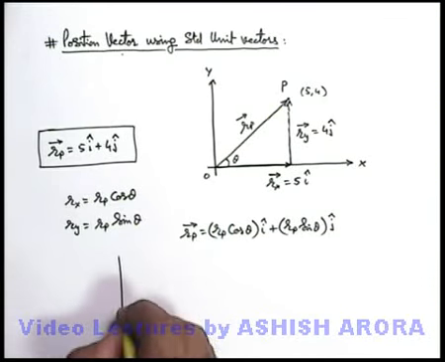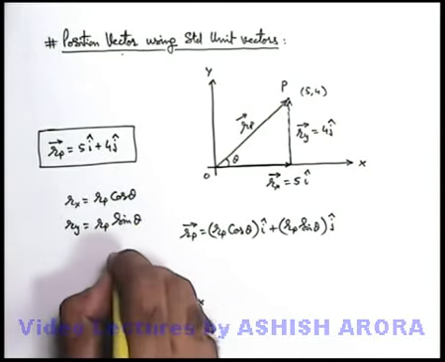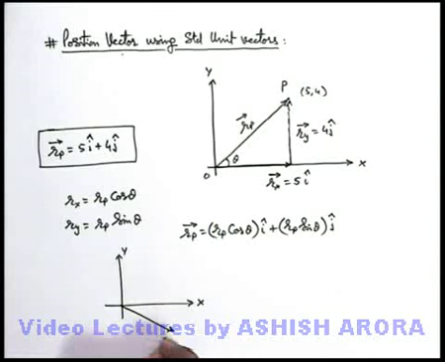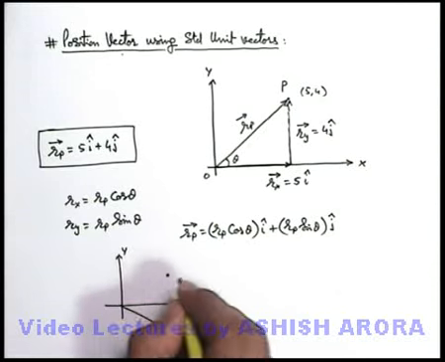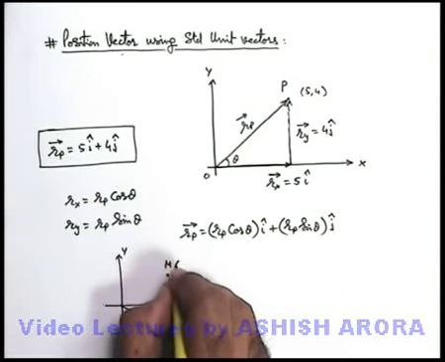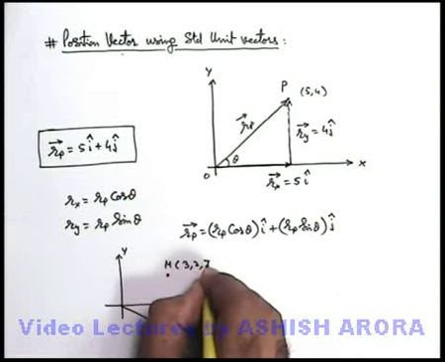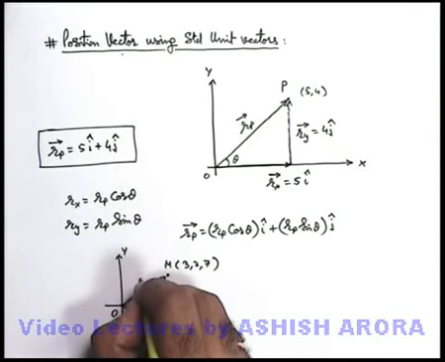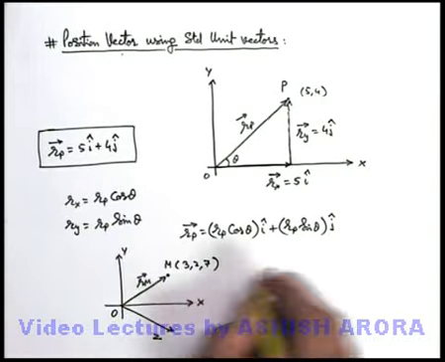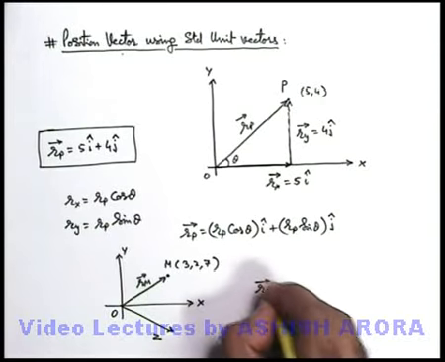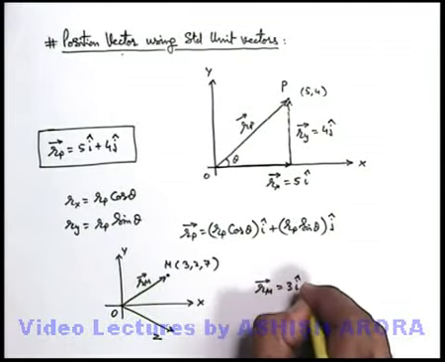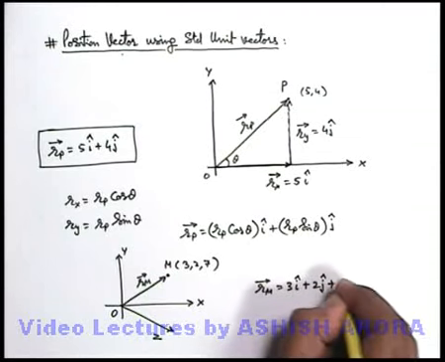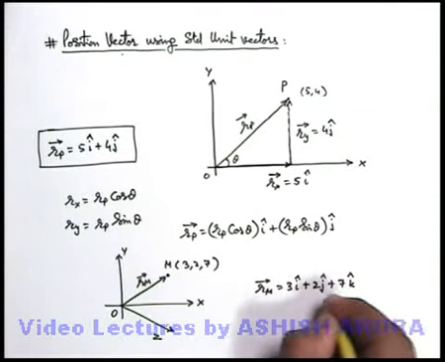Say we have a coordinate system x, y and z, and a point M with coordinates 3, 2, 7. With respect to the origin, the position vector of this point M, Rm, can directly be written as 3i cap plus 2j cap plus 7k cap.